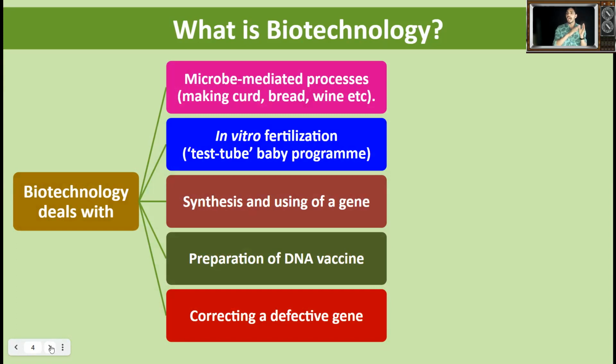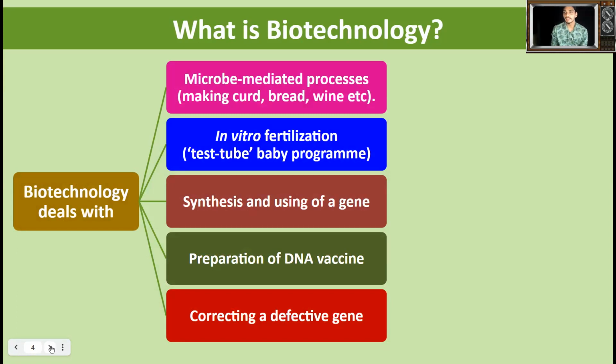So in vitro, outside the body, we take a sperm and an ovum and fertilize them. The combination occurs, that is the fertilization process, and then we implant it into the uterus. Since it is done outside the body, it is called in vitro, and it is also known as the test tube baby program.